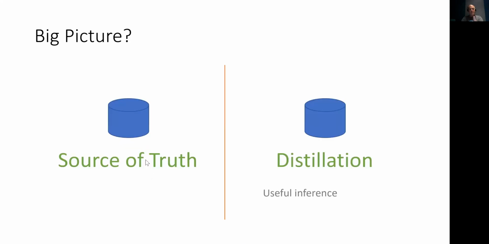Because the big picture is we have some kind of source of truth, a source database, and we have some kind of destination database that we are going to need to distill data from the sources into.